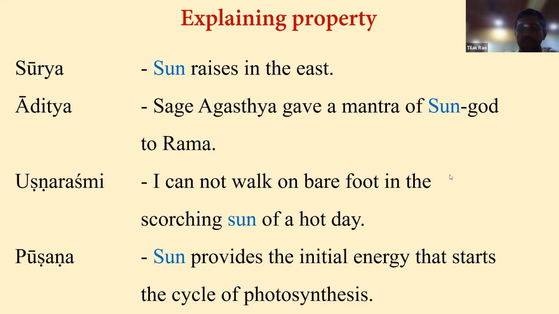For example, if you want to discuss photosynthesis, then we can use the word Pushana, because one who nourishes is Pushana. Like this, in different contexts, we can use different Sanskrit terms because they are explaining some or other property of the object. It is not possible generally in any other language. There can be a few words like this, but the whole language is not structured like this.